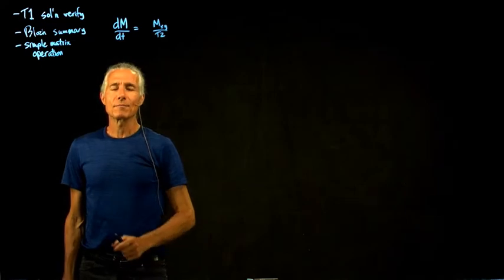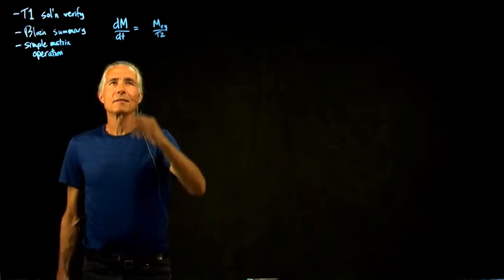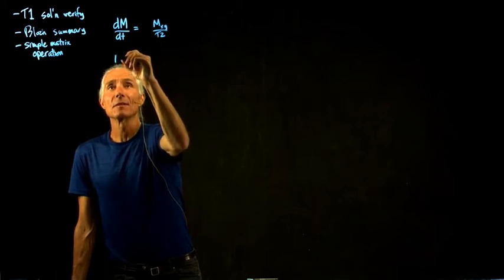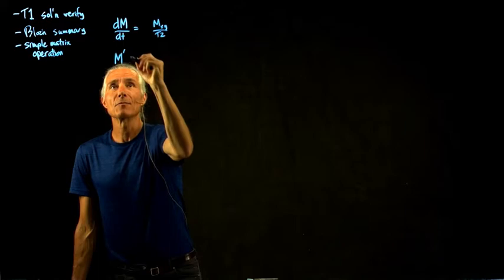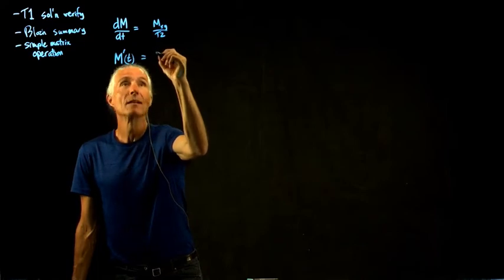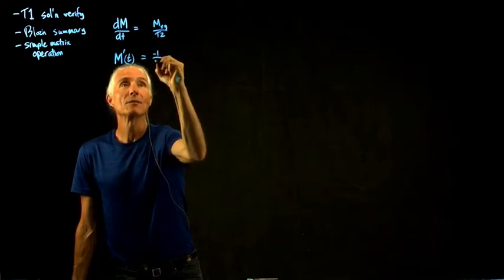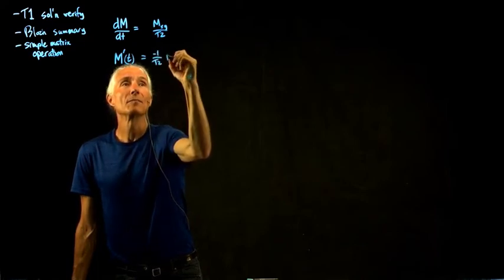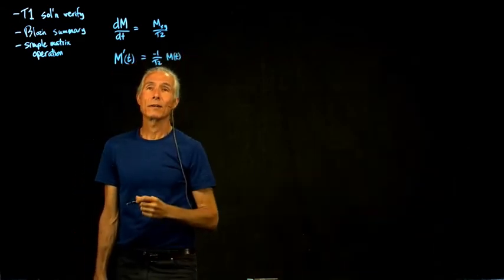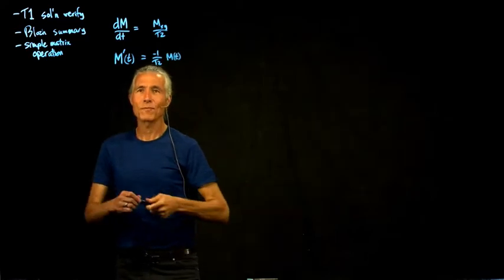If we make it more faceless, as just a function of time, the derivative of it equals minus 1 over T2 times the function. So I rewrote it in a more faceless form.